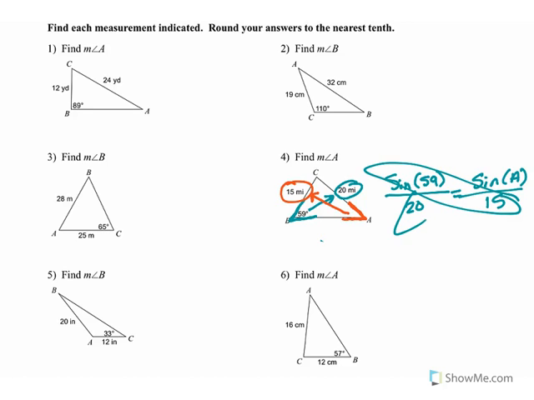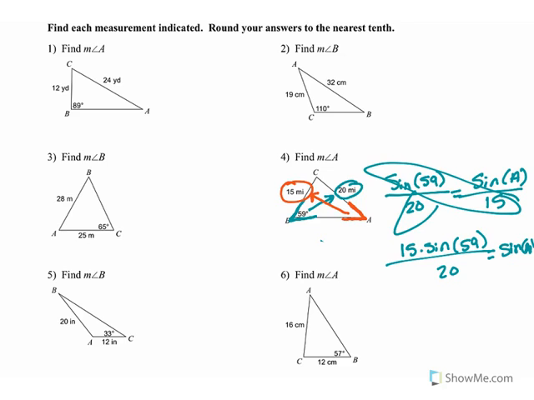So we need to multiply and divide. So we have 15 times the sine of 59 over 20 equals the sine of A.